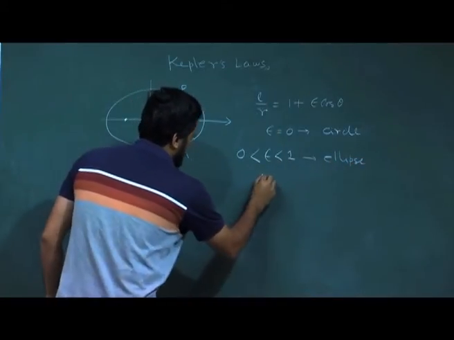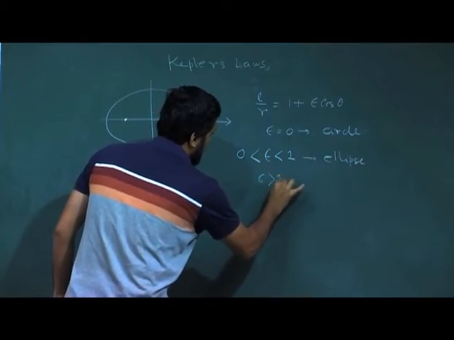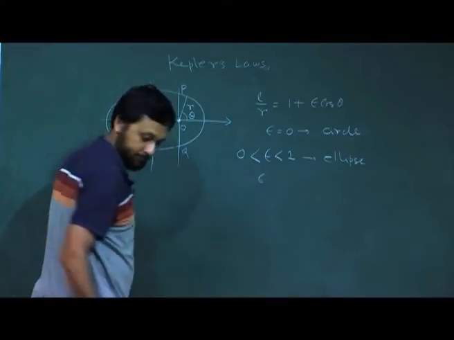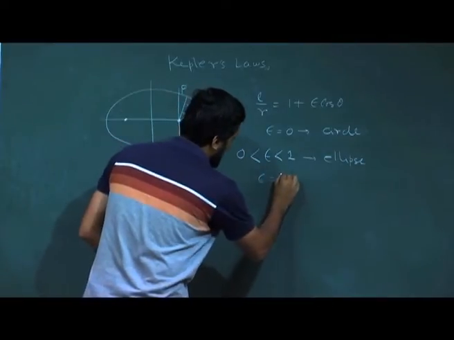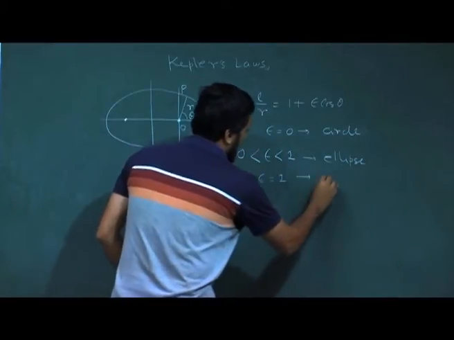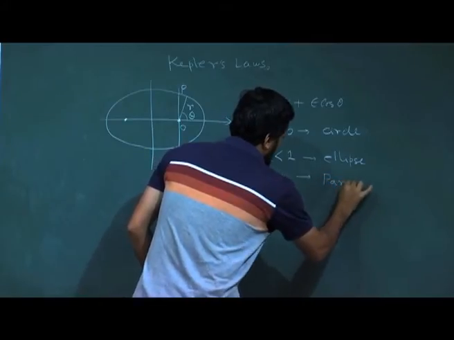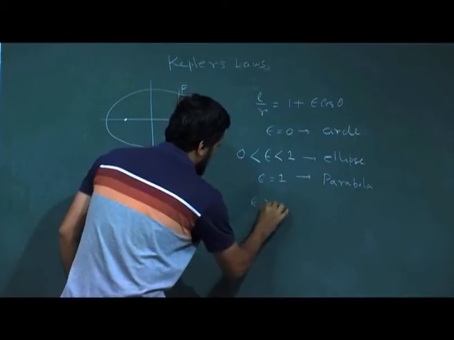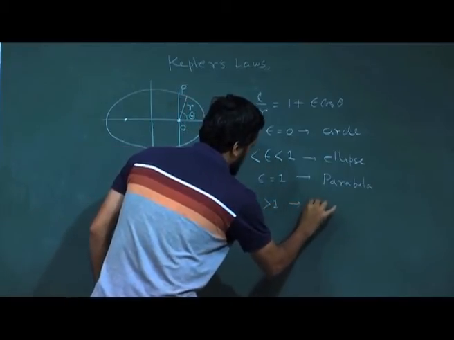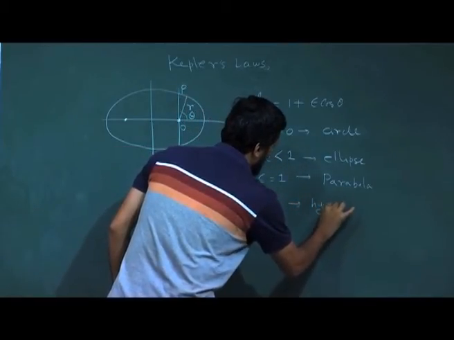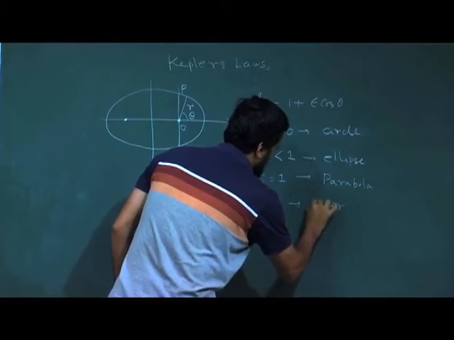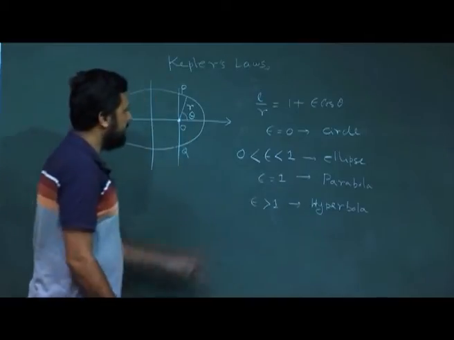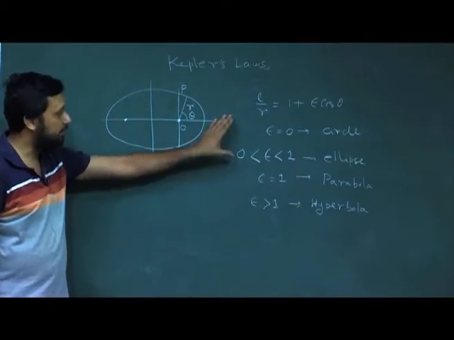If epsilon is equal to 1, we get a parabola, and for epsilon greater than 1, we get a hyperbola. This we have not discussed earlier, but this is the scenario.